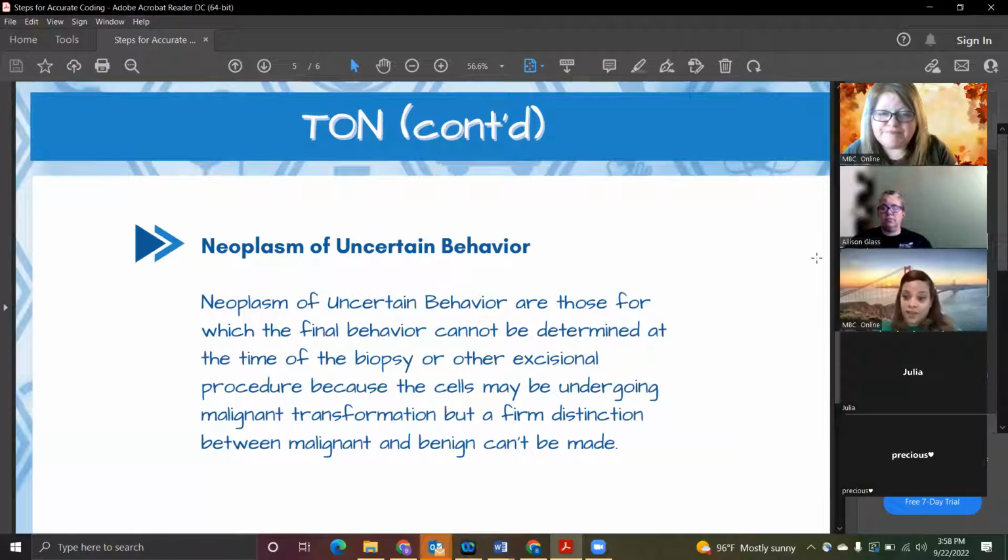So we don't know how this cancer is behaving, if it's spreading or how big it's getting, when we did the biopsy. The pathologist cannot determine what it is because maybe the cell is too small. We could see that it's abnormal, but it's too small for us to determine what it is.